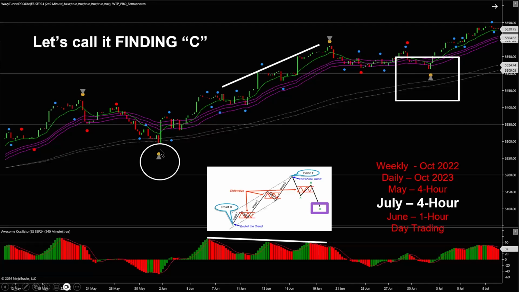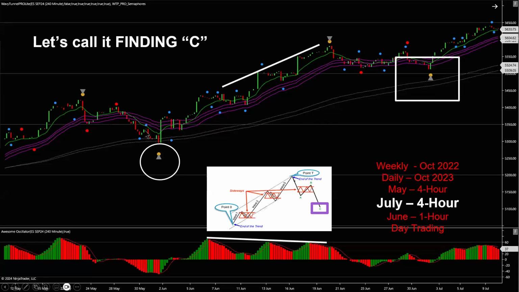Where you see my cursor is the May correction, and where you see my cursor now is the July correction. Now, when we don't move down below the tunnel and we get the gray arrow, what does it mean? It means that the market is running to make new highs. The correction is more sideways and it's not as steep.